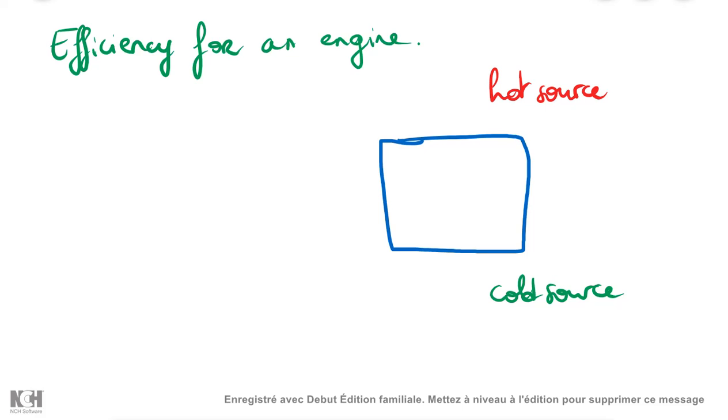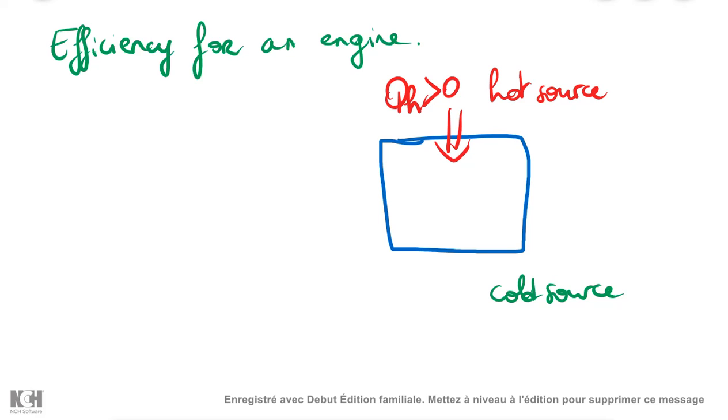So the first thing that was the beginning of the whole process is the heat that you provided to your engine. And this heat is called QH here. So QH is going to be positive in the referential of the system because it's received by the system as I'm providing it as an external operator.